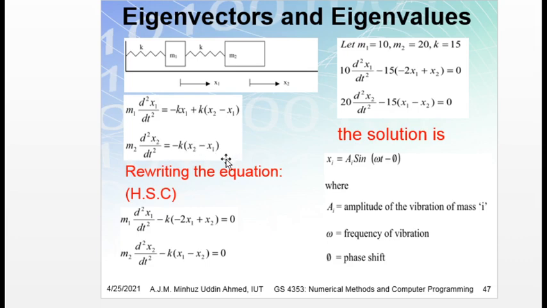Rewriting the equation according to the SHM concept, you can rewrite it like this with the m1, m2 values and k values. If all these are given, then the solution is this one.